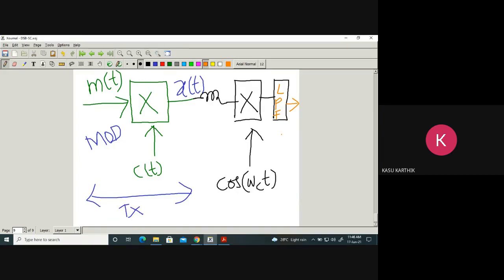Okay, here, so we have two carriers. This is the receiver part, also called the demodulator. Here, at the transmitter, we have one carrier. This is called incoming carrier.